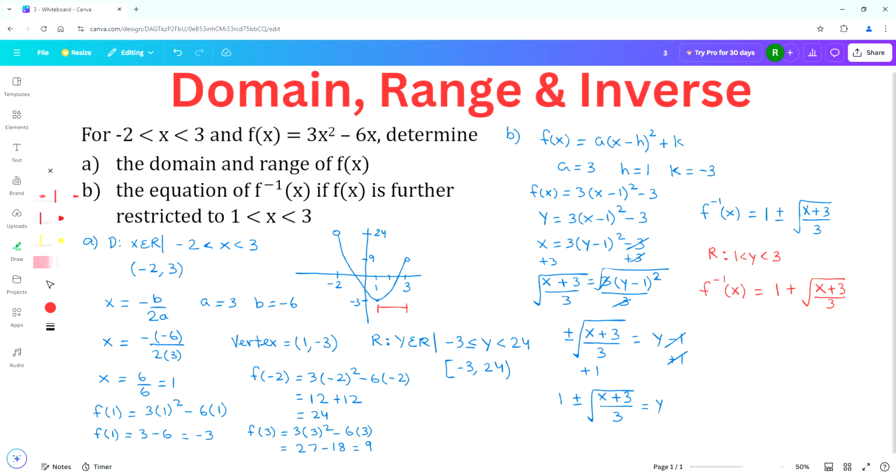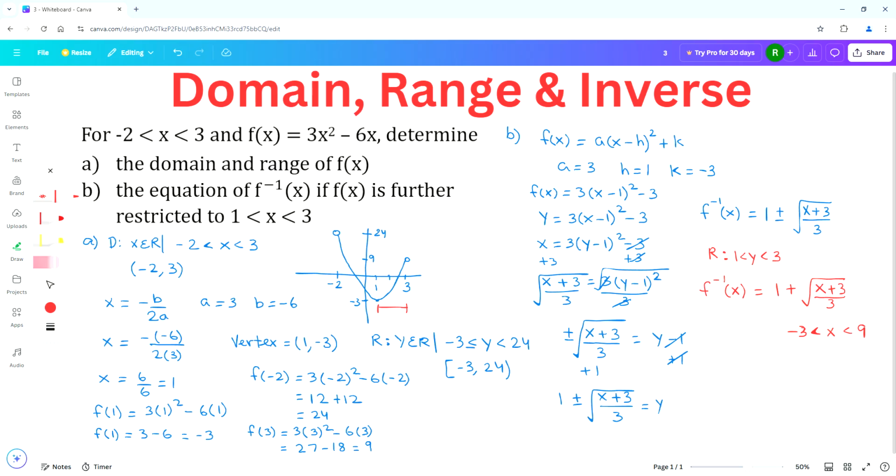The domain for this inverse will be the range for f(x) when its domain is restricted from 1 to 3. So the domain for this inverse will be x is between -3 and 9.